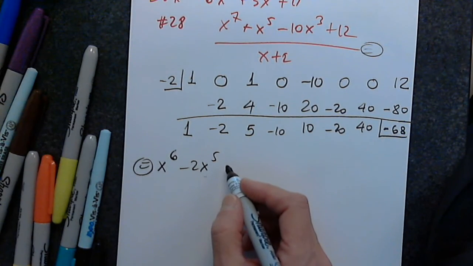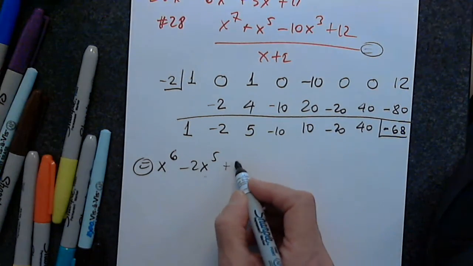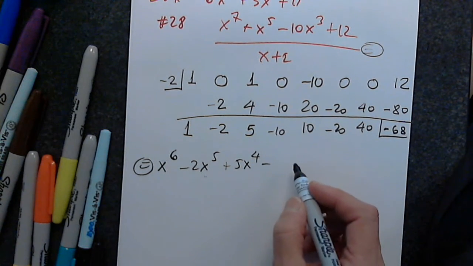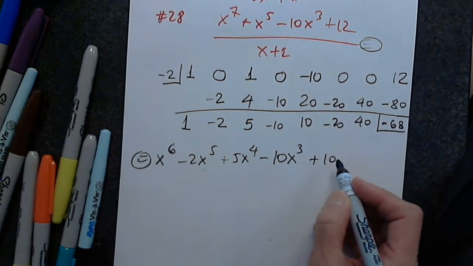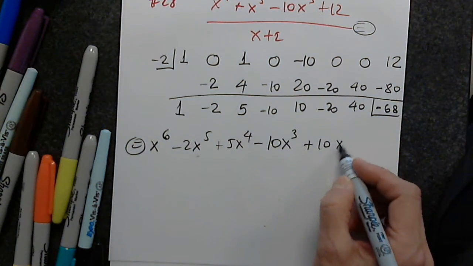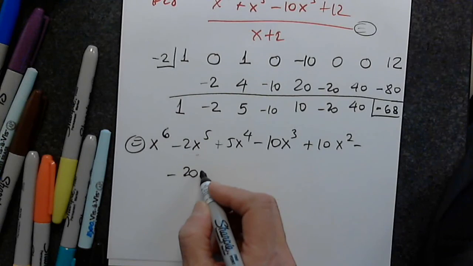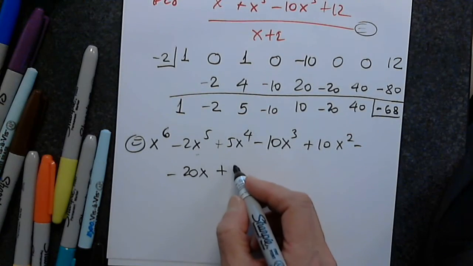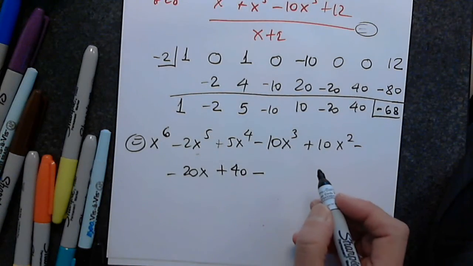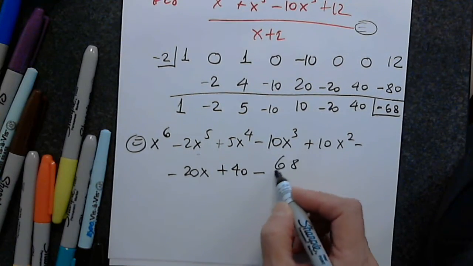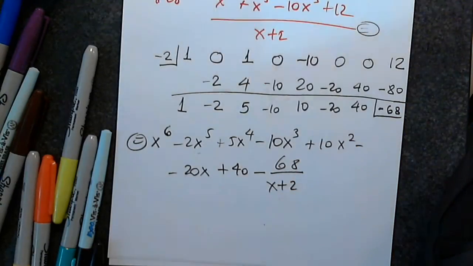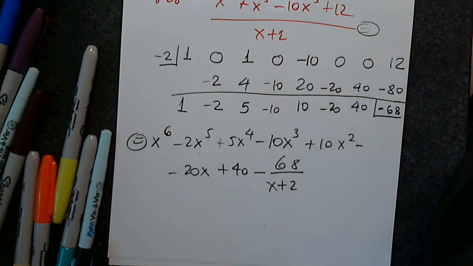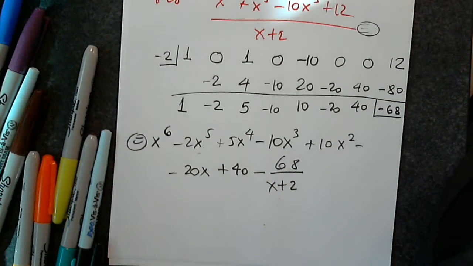Then x to the 4th, minus 10, plus 10, minus 20, plus the remainder, over x plus 2. Very good. This is the long division. Any questions?